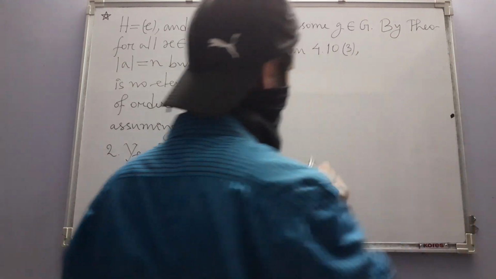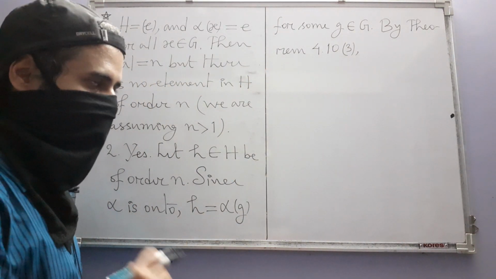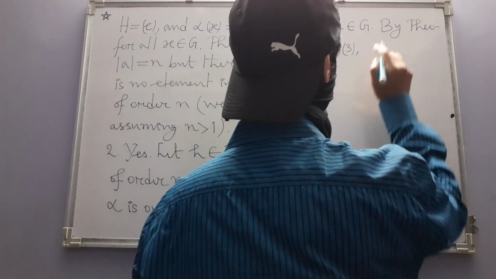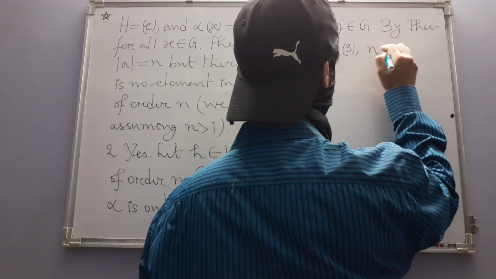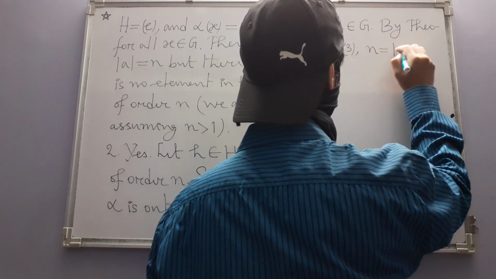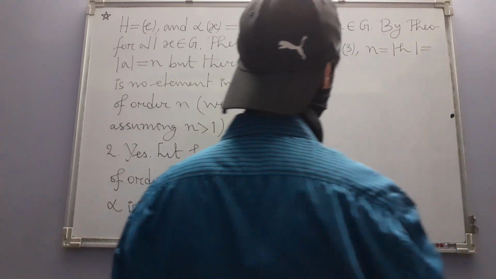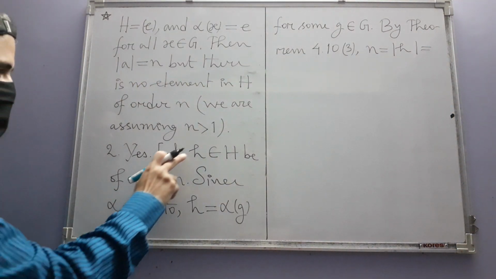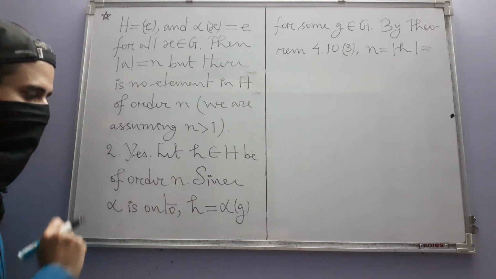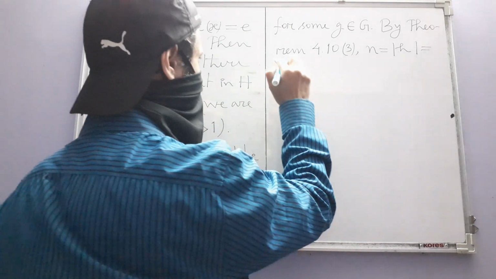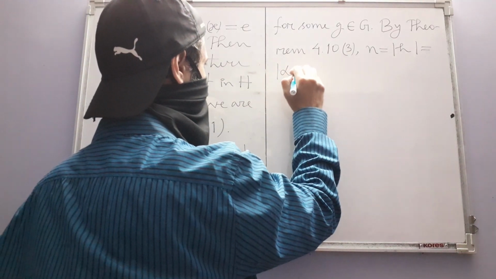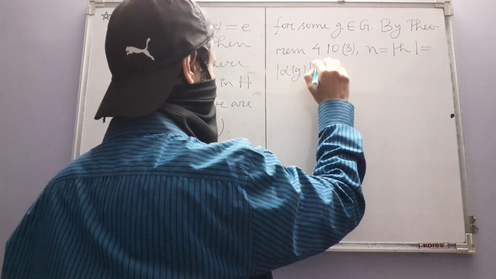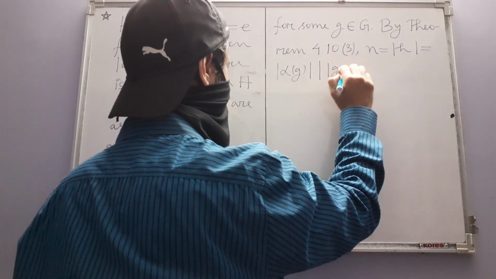Let's just write the conclusion and then we will mention that g has finite order because of something. But what is the order of alpha of g? That is n, because alpha of g is nothing but h and we have assumed it to have order n. This should divide the order of g.